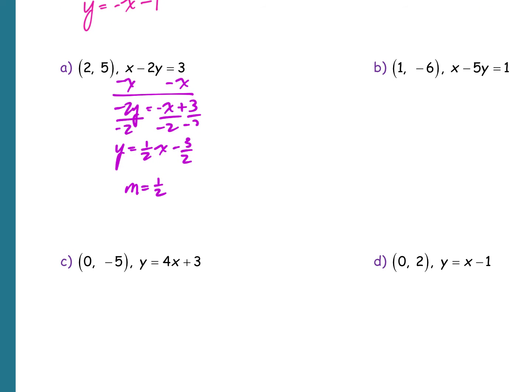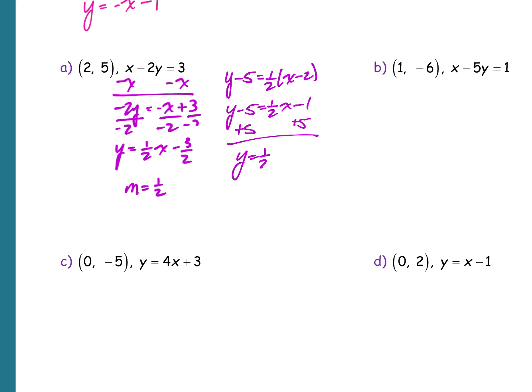So I'm going to get y minus 5 equals 1/2 times x minus 2. Y minus 5 equals 1/2 x minus 1. Add 5. Y is going to be 1/2 x plus 4. Questions? We're okay? Beautiful.